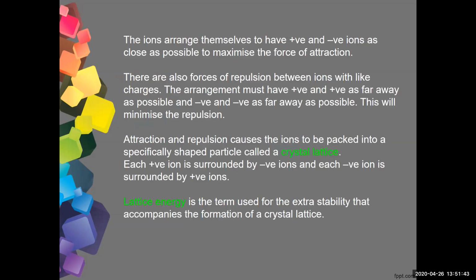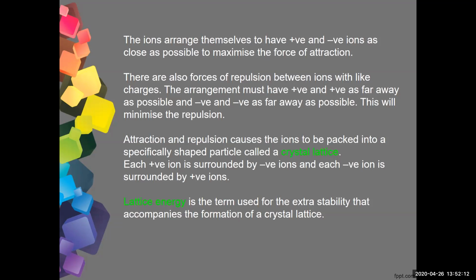So the ions form this structure to get a really low energy arrangement. Another way we can say low energy is stable. So it's a really stable arrangement. And all matter is lazy. It wants to be in its lowest possible energy form. And the way that the ions can do that is to make sure that there's a lot of attraction between them and not much repulsion.